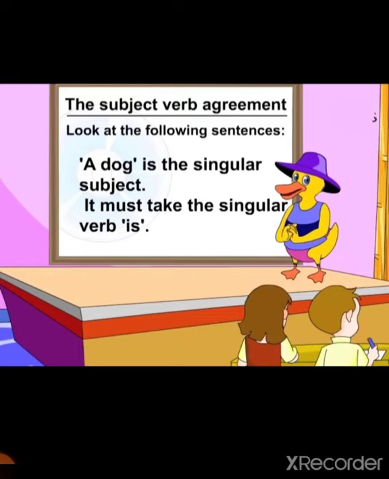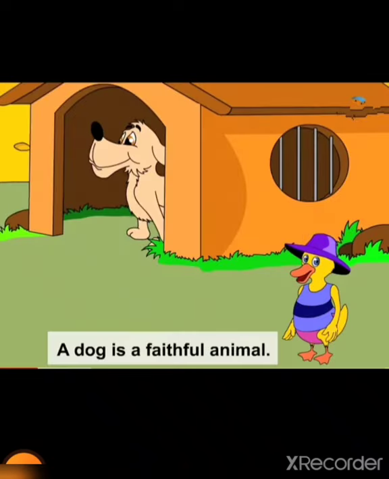So that is why a dog is a faithful animal. After dog you cannot write are, you cannot write am, okay, because dog is singular subject. One dog, I have been mentioning one dog, a dog. So that is why is a faithful animal. Are you cannot write.